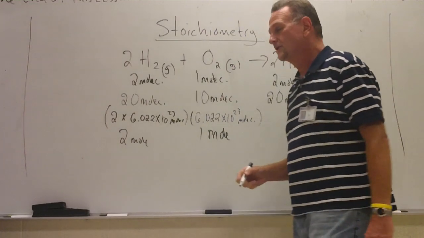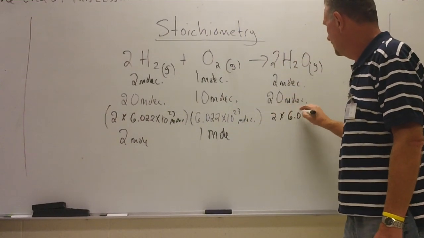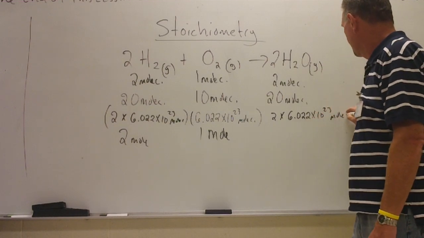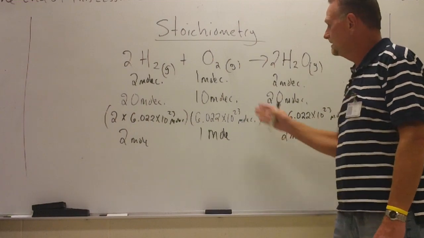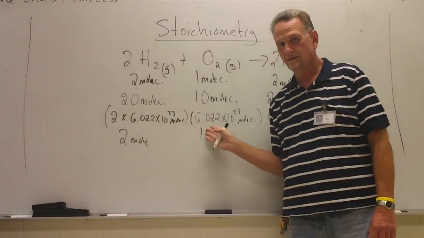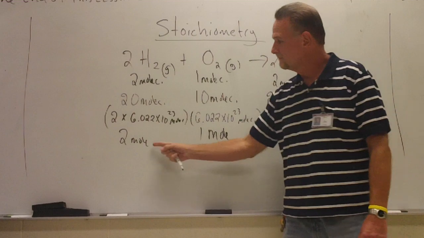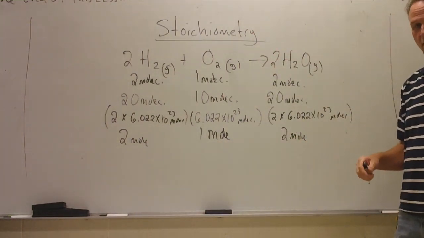I think you get the picture. And so, in terms of the water, 2 times 6.022 times 10 to the 23rd molecules should be produced, or in other words, 2 moles. So this is a molecular relationship, but it's also a mole relationship. For every 1 mole of oxygen that reacts, it's going to require 2 moles of hydrogen, and you will end up with 2 moles of water.